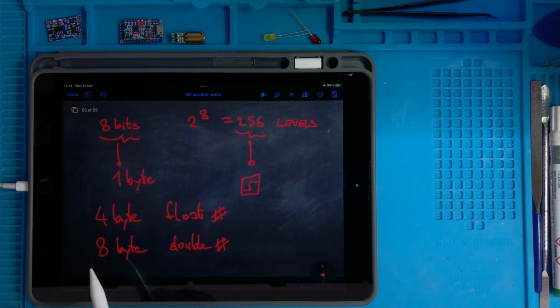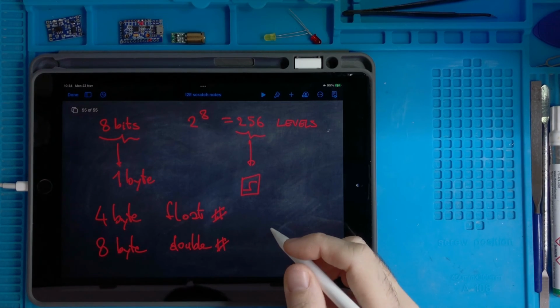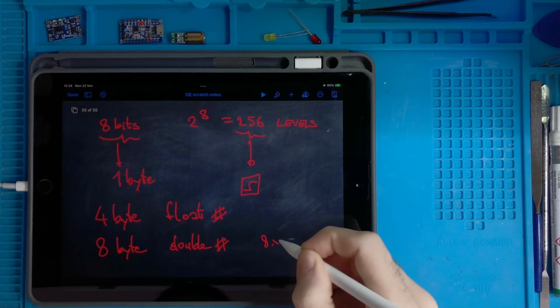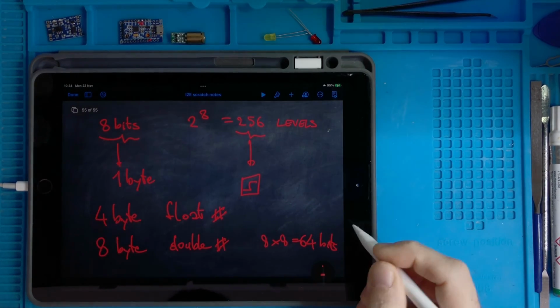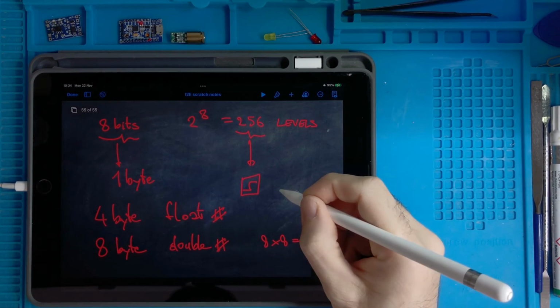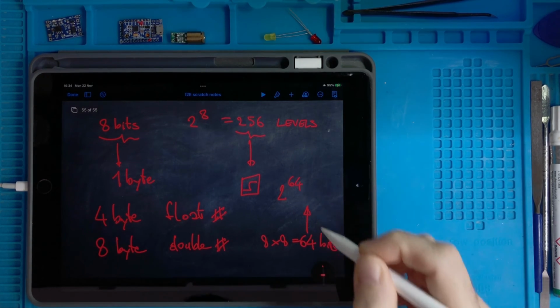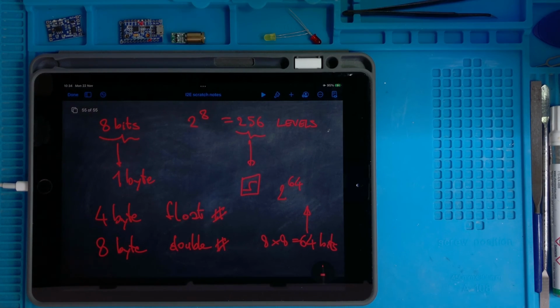And so, for instance, if we want to have all 8 bytes, it means that they are 8 by 8 is 64 bits, and 2 raised to the 64 is a very big number.